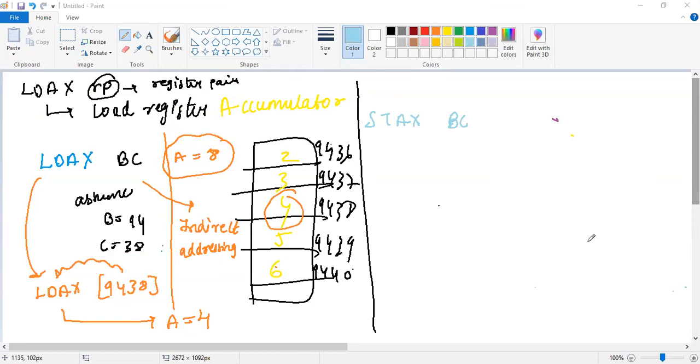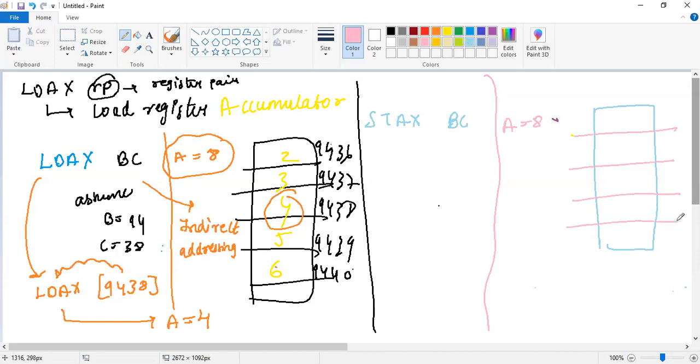Now the exact opposite version of LDAX is STAX. The scenario will be the same. Assume initially your A is 8 and these are the memory locations we have: 9436, 9438, 9439, 9440, and 9441.